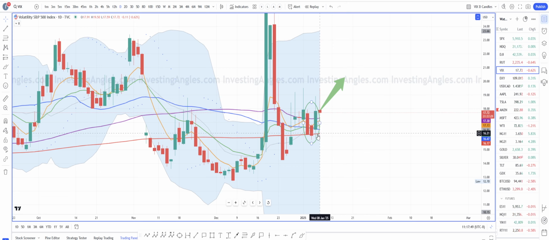Because in the last couple of days, volatility broke through major resistance lines, which is red, that's 200, blue is 50, and purple is 100 day moving averages. So far they are now acting as support, and the chances for a move higher remain significant. Well, there are still almost 2 hours until the closure, and we will check it later.